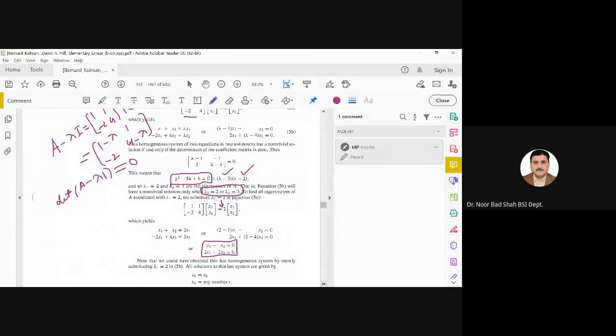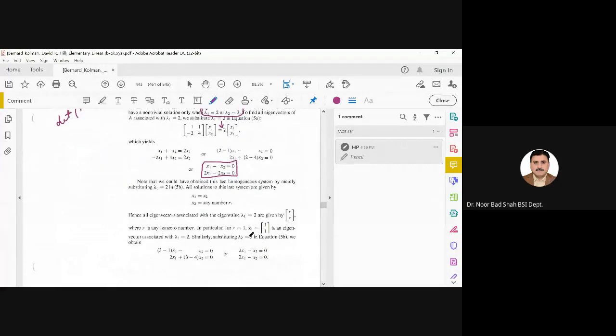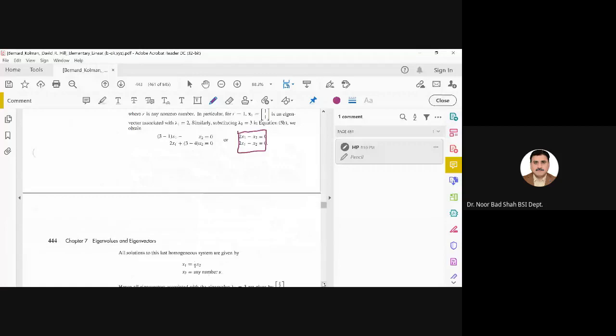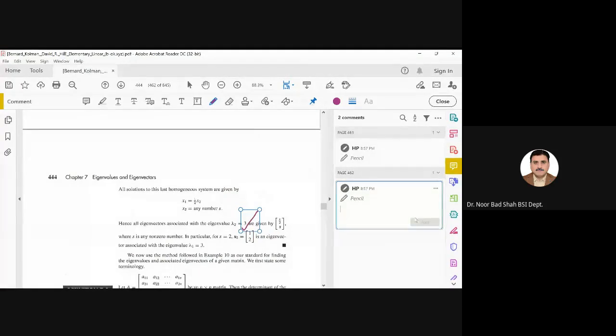For lambda equal to 3, you would find the solution of another system of equations. So one eigenvector is this one, and another one is found here. You can simply replace s by 1, so we get 1 and 2 here, or we put s equal to 2 here. So we found the eigenvalues and eigenvectors in this case.